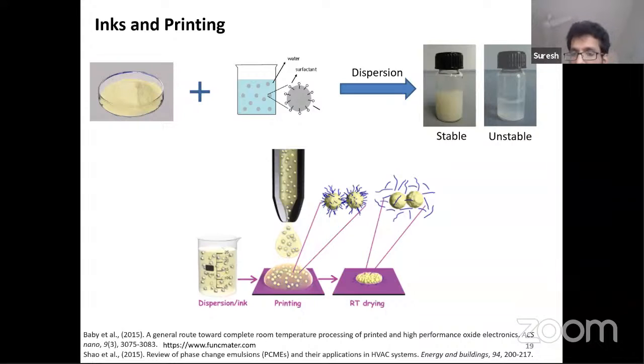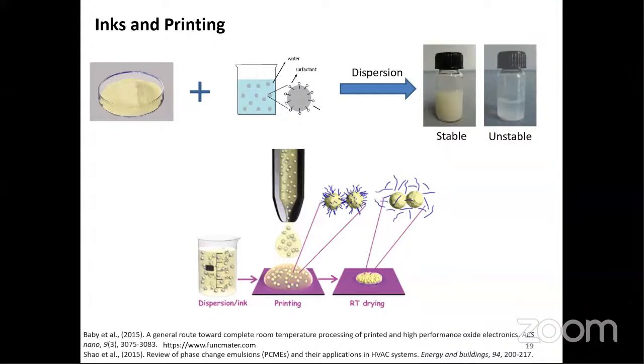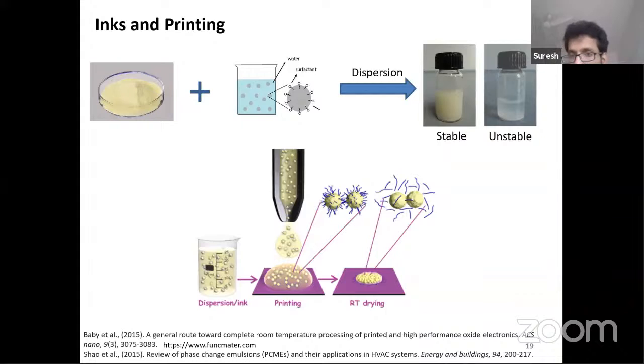And after that, you can remove the surfactant. Of course, there is another ink as well, where you can have a salt which is dissolved in a solvent. In that case, you have to heat the whole printed film, so that you can decompose the precursor into semiconducting material. So I will discuss that one in the coming slides.